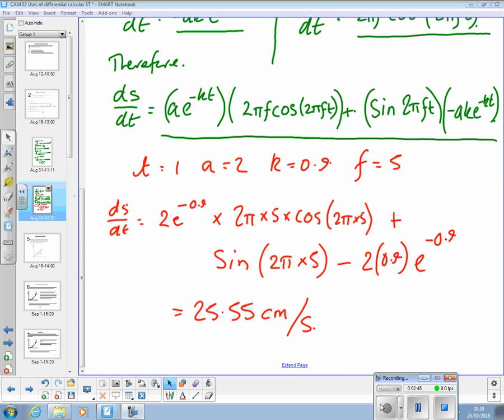So displacement's in centimeters, therefore the velocity must be in centimeters per second. Is that what you got when you plug those into your calculator? Yeah. All right. All happy with that example? Yeah? Need to practice that product rule.